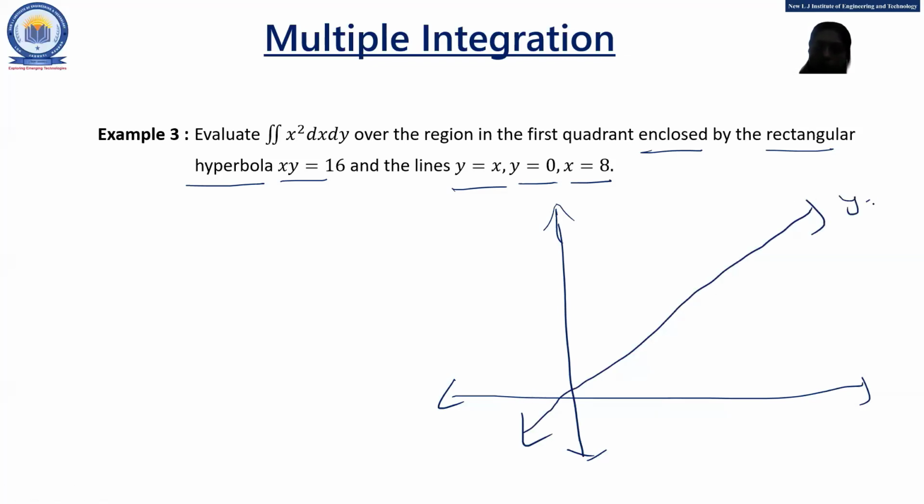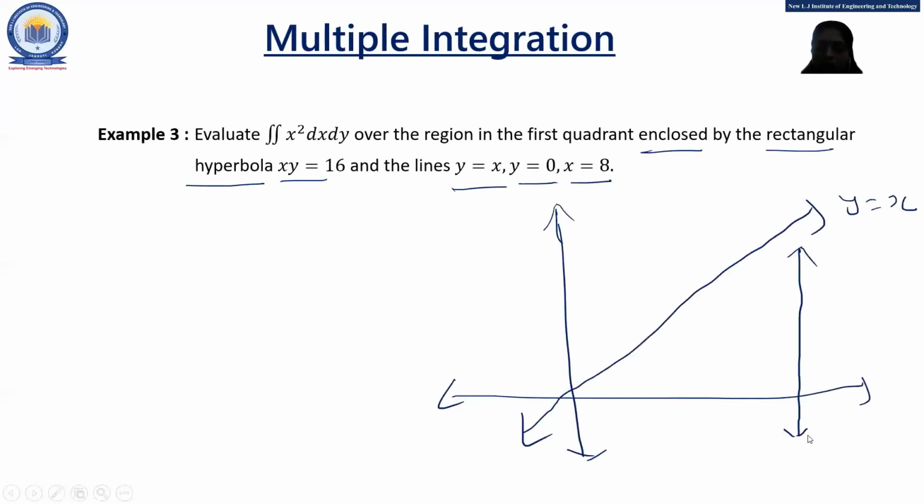Then x equal to 8 means one line passes through x equal to 8, and the main thing is xy equal to 16. If you put x equal to 4, you get y equal to 4, right? So 4, 4 is the intersection.